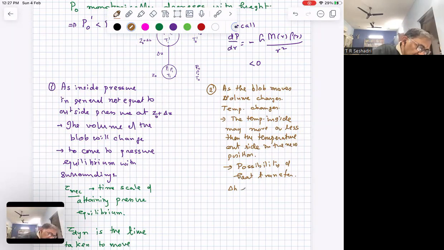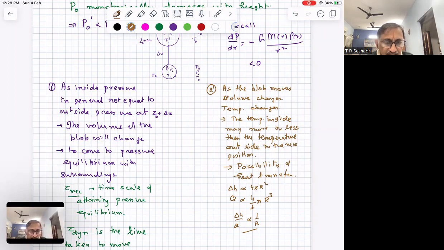So delta H will go as 4 pi r squared, that is surface area, whereas the total amount of thermal energy inside is proportional to volume, 4 pi by 3 r cubed. It means that delta H by Q is proportional to 1 by R. It means that the larger the R, the more inefficient the heat transfer, because delta H is small.